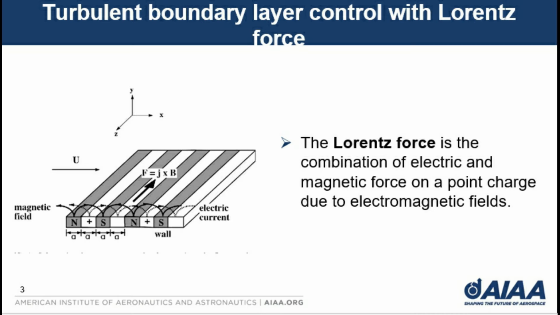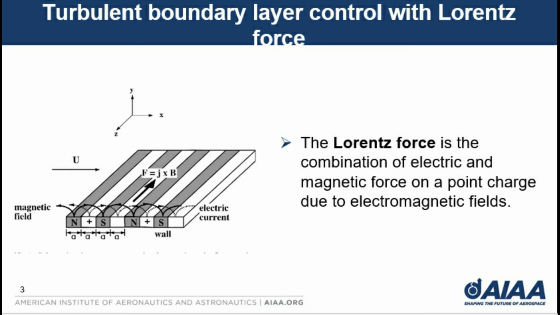With this taken into account, the results show a decrease in drag for an oscillatory period of 100, but not for 500. It is demonstrated that a Lorentz force produced by strips of magnets and electrodes with a reasonable magnetic field strength and voltage can create sufficient perturbations parallel to the wall and perpendicular to the near-wall streamwise vortices, such that the skin friction drag is reduced by approximately 40%.